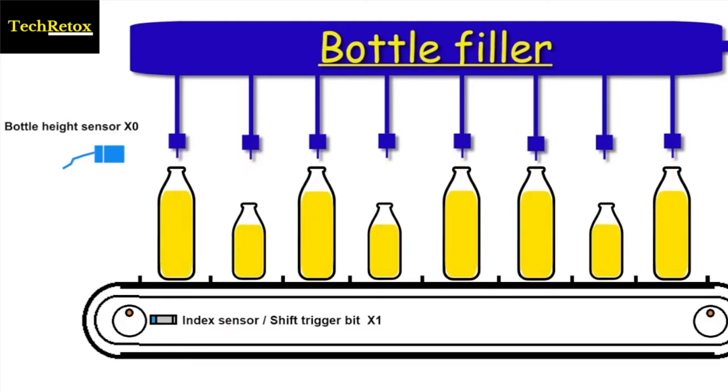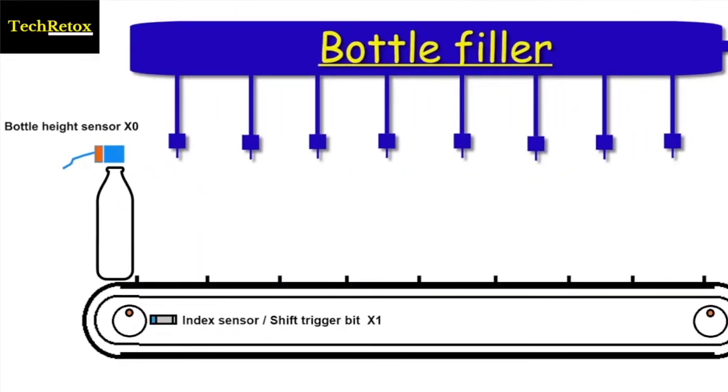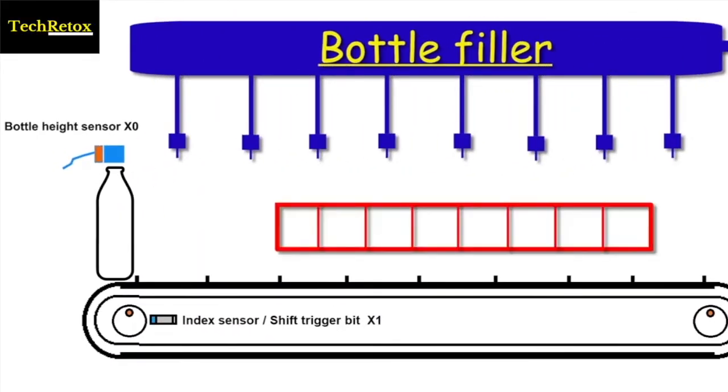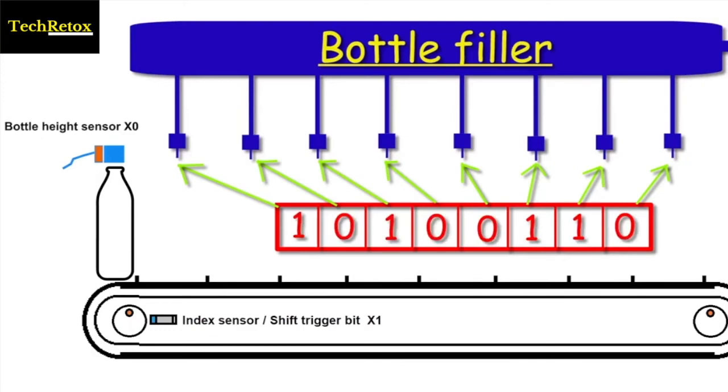We can imagine these 8 filling valves as the 8 data bits of the shift register, and this data register has the data bits inside it in the form of zeros and ones corresponding to the size of the bottle under each filling nozzle. Data bit 1 indicates a 500 ml bottle and data bit 0 indicates a 250 ml bottle under the filling nozzle.